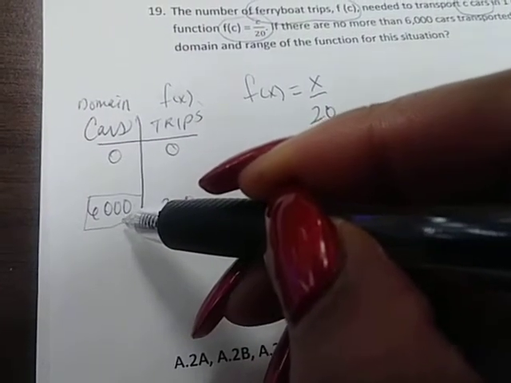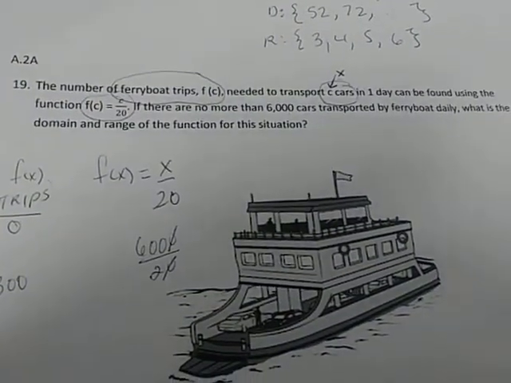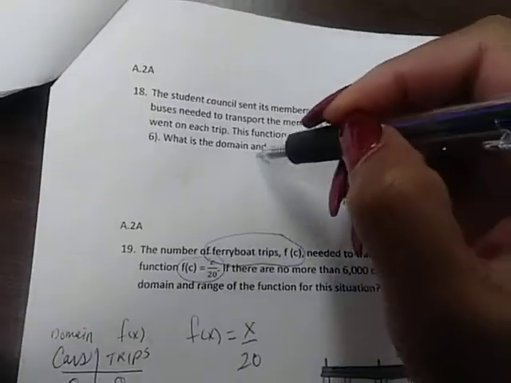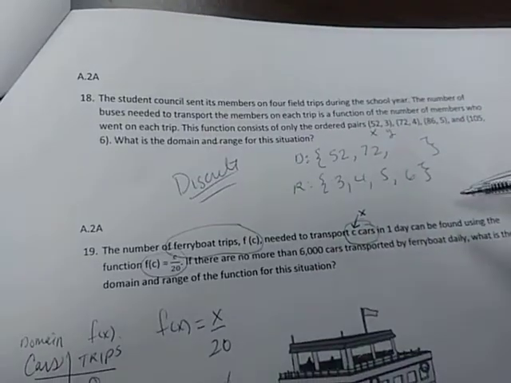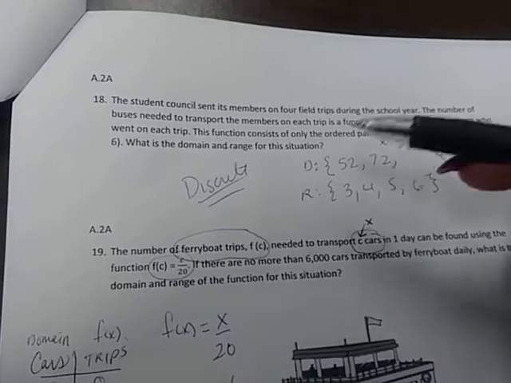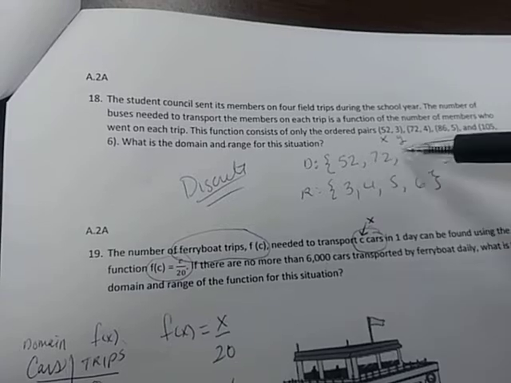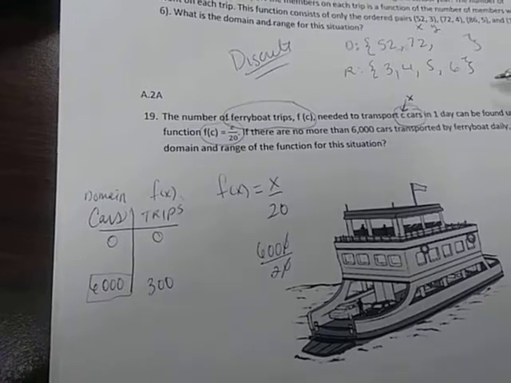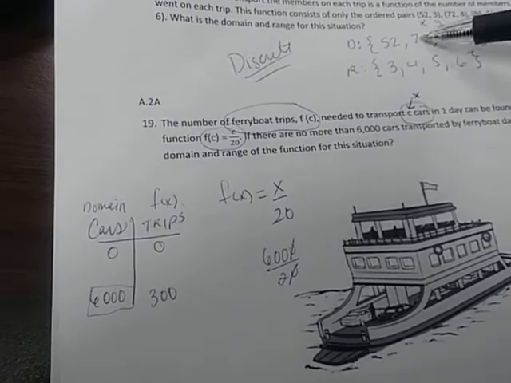6,000, but be careful. Is this a discrete example or continuous example? The last example was discrete. And we know it's discrete because of the way we wrote our answer choices. We have the commas. Distinct points. Not everything between, just these numbers.